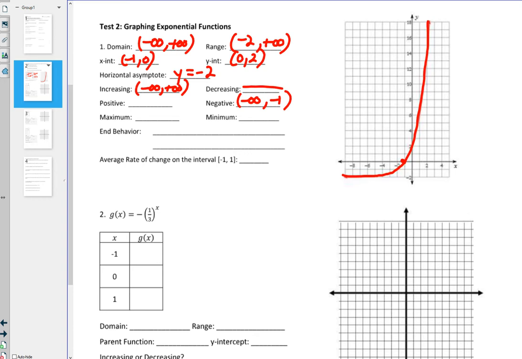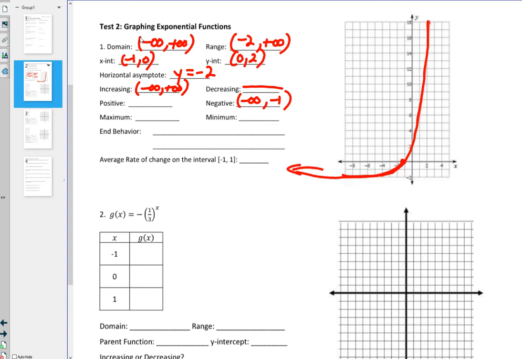From way out here in -infinity, because I'll go on forever and ever, like up and down, I'll never reach the asymptote, but I will go on from -infinity up until -1. I was under the x-axis. Then once I cross the x-axis at -1, I'm positive for the rest of the way. All the way to the right, this will go on forever. It's always going to be positive.